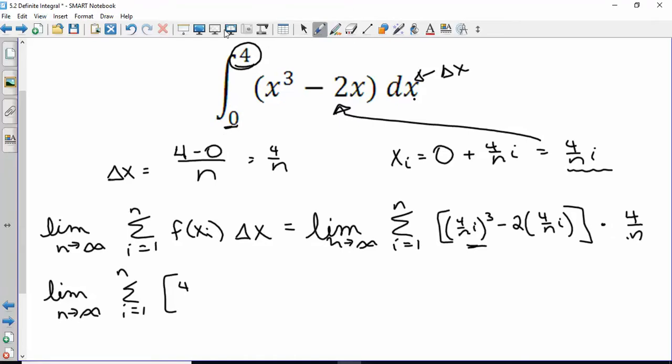Oops. n to the third times n would be n to the fourth, and that's an i cubed. Minus 2 times 4 times 4, so 32 over n squared i.